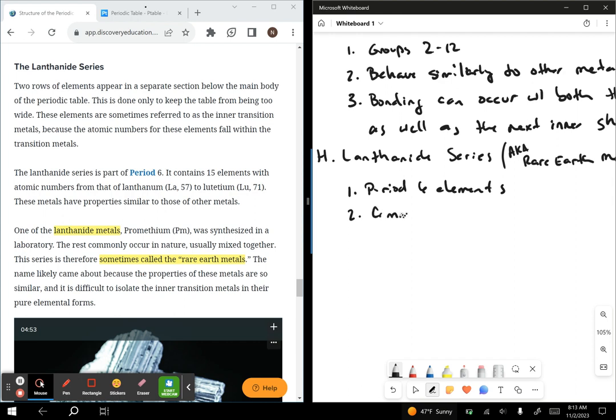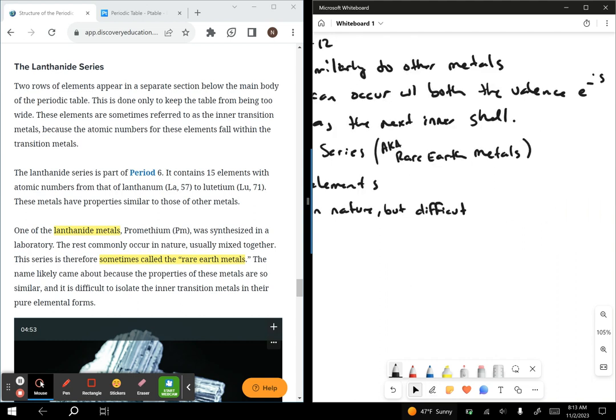Common in nature, but difficult to isolate.